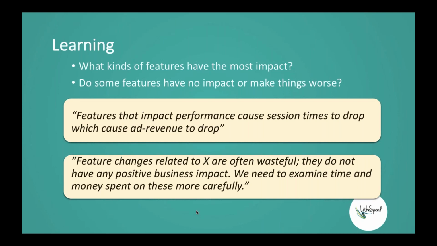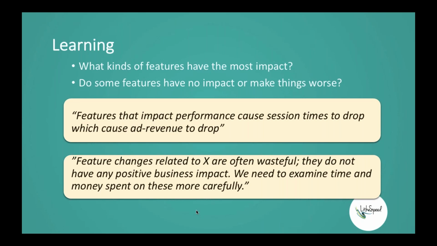We don't understand our customers well enough yet, and they don't have the outcomes that we had thought they would. And so, in that first box there, maybe features that impact performance cause our session times to drop. People don't spend time with the application, and so that means that our ad revenue goes down. Or features related to some other part of the application are really wasteful.